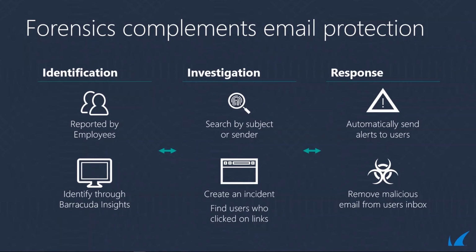Once all the malicious emails have been identified, admins can create incidents and move to remediation. Remediation is very fast. With a couple of clicks, admins can automatically send alerts to all impacted users and quarantine messages directly from the user's inbox, as you can see here in the illustration.